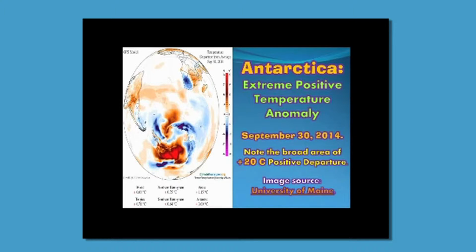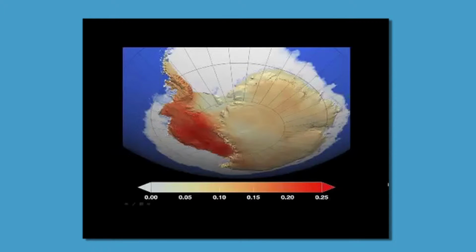West Antarctica is really hot, and you can see in this positive temperature anomaly map, well, it covers a little bit into East Antarctica as well, truth be told, but here's West Antarctica right here, and here's East Antarctica. So you can see that there's a lot of hotness right here. It's not normal.